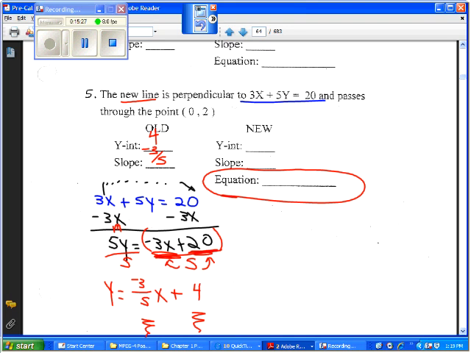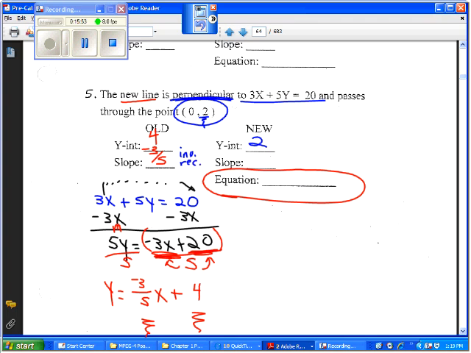And then I can head to the new. It says the new line passes through the point 0, 2. That is the value of y when x is 0, which is the y-intercept. So the y-intercept is 2. It said perpendicular, and I know that perpendicular has inverse reciprocal slopes.